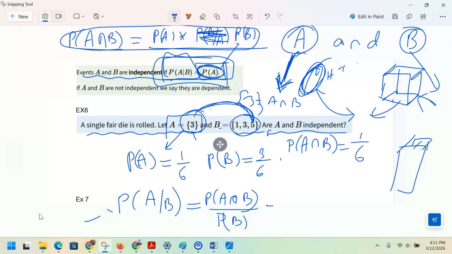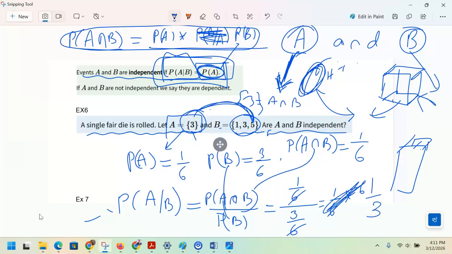Now we'll plug it in here: you put 1 over 6, and this you put down, and you keep, change, flip, or you can very well cross out and get 1 over 3. And this 1 over 3 is not the same as probability of A. See? They are both different.